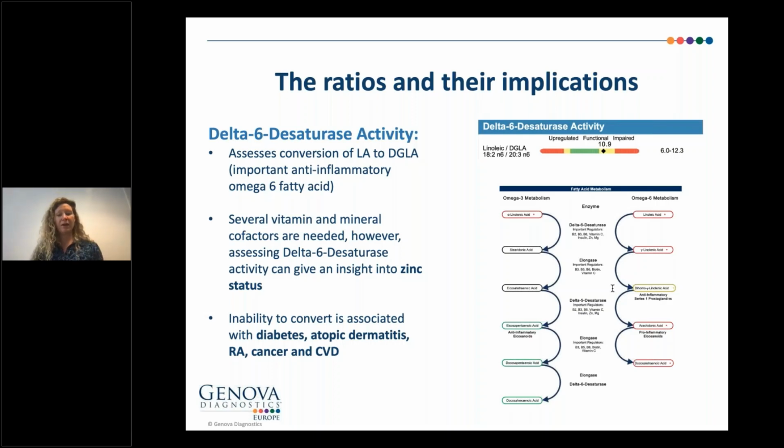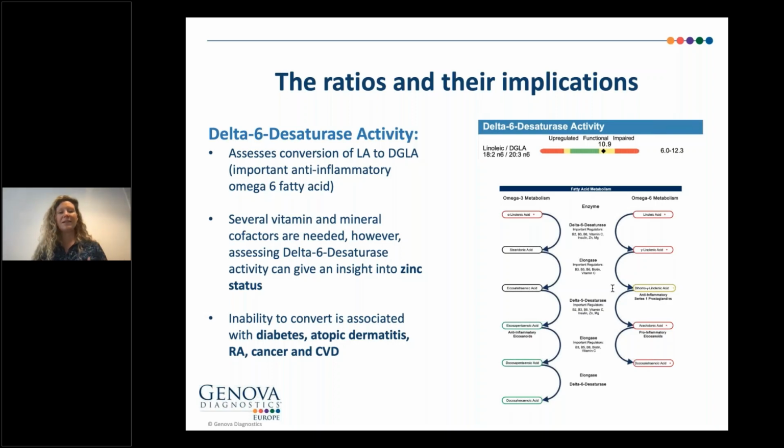So despite the fact that there are several vitamin and mineral cofactors that are required for each enzyme, which are listed there in the fatty acid metabolism chart, zinc deficiency can have a huge impact on the activity of delta-6 desaturase.